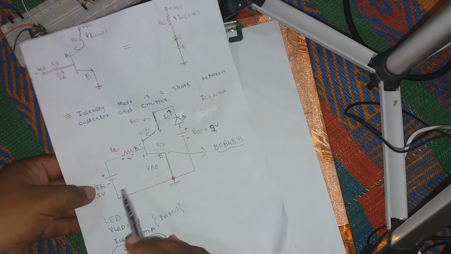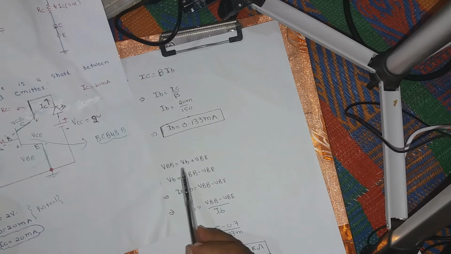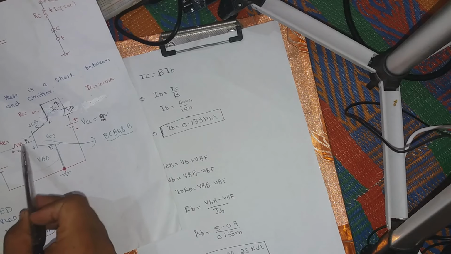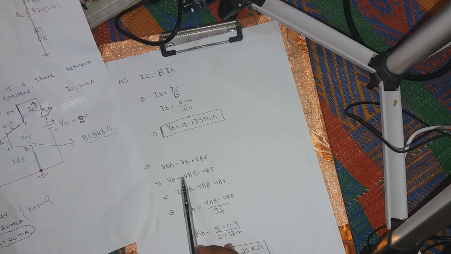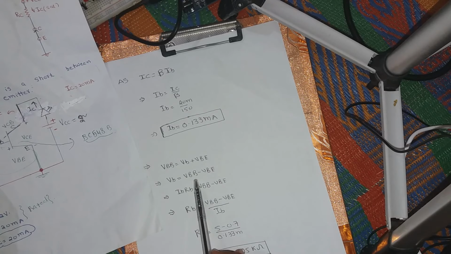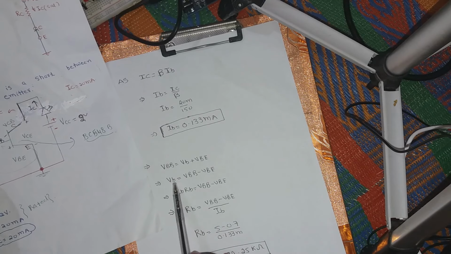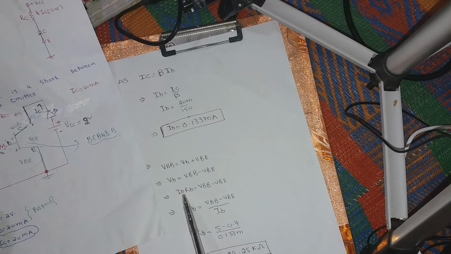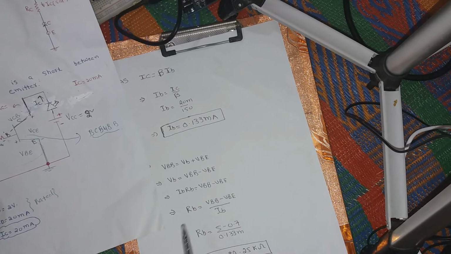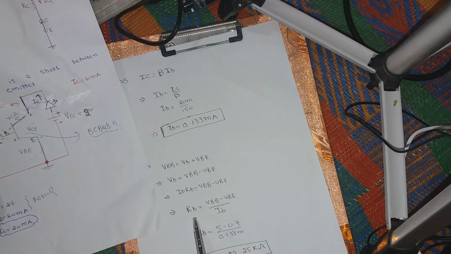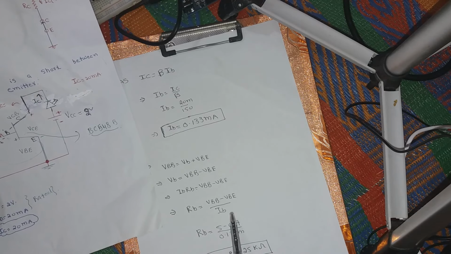Now let's apply KVL. That is, VBB is equal to VB, which is this one, plus VBE. You can say VB is equal to VBB minus VBE. As we know that V is equal to IR, VB is equal to IB RB, which is equal to VBB minus VBE. This ends up with RB is equal to VBB minus VBE divided by IB.